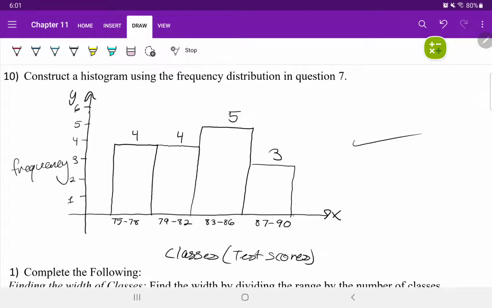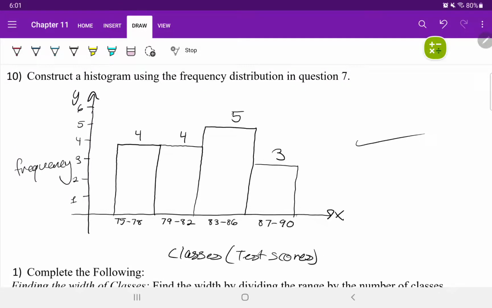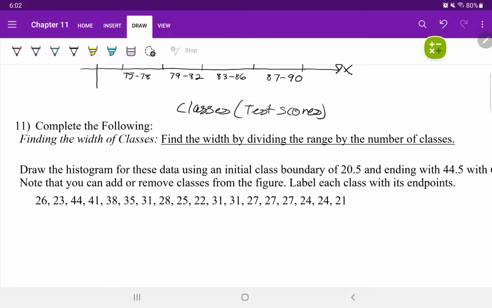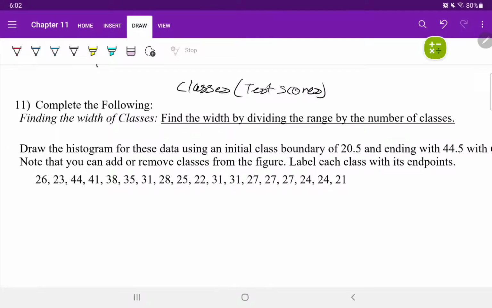Okay, let's move on to number 11. Number 11 says complete the following, and it's also another histogram question. When it comes to constructing a histogram, you can find the width, which is the distance between each class, by dividing the range of your data by the number of classes we want.